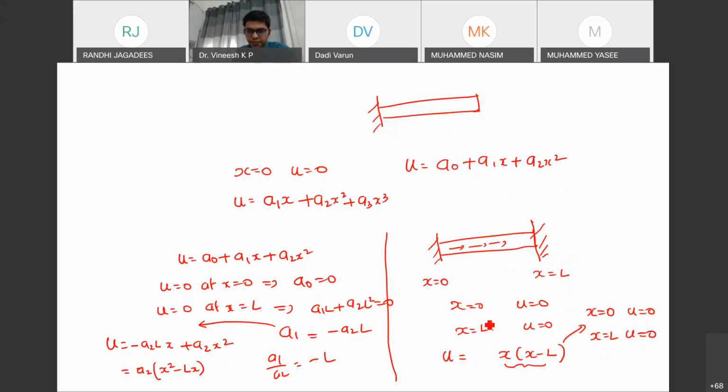So I can write an approximate function for u is equal to c1 x into x minus L. So either you can assume a generalized polynomial, substitute it in the differential equation, and get an expression, or you can look at the problem and form a polynomial which satisfies the boundary condition. You can go with any of these methods.